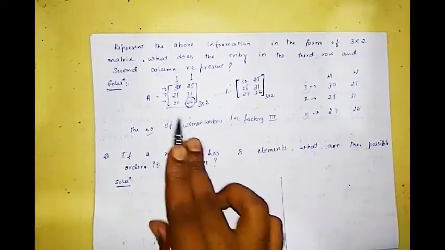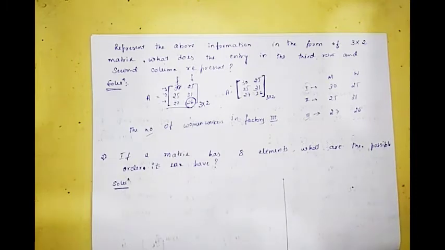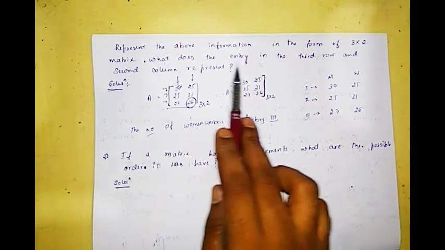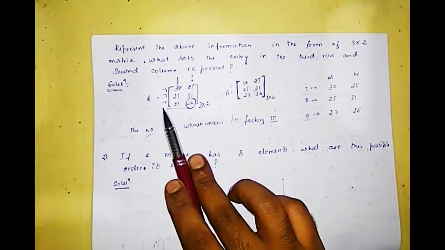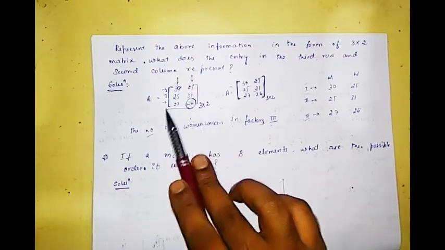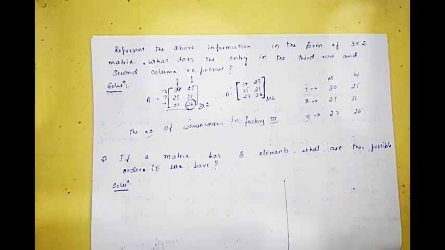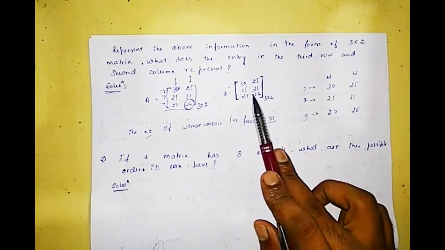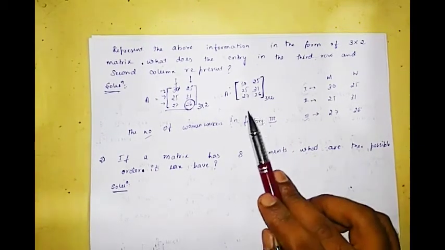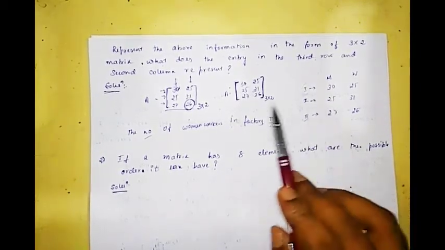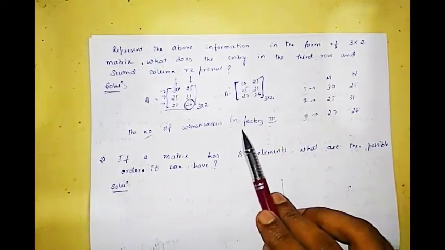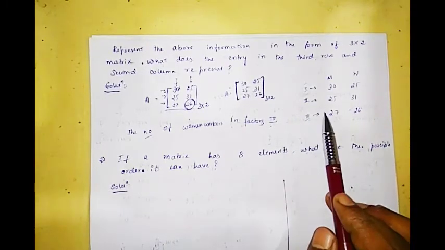Here, the entry in the third row, second column tells us it is the number of women workers in factory number 3. This is the way of representing the numbers and representing the matrix for this data, and each element has its own meaning in the given data.